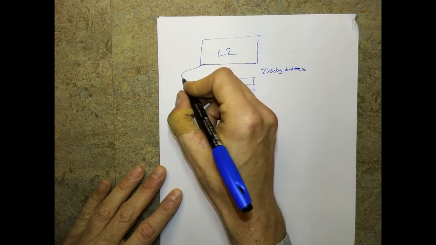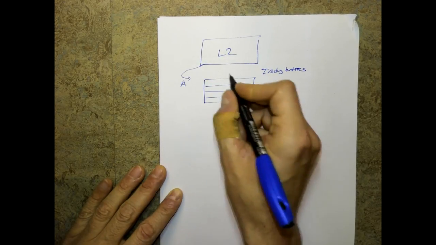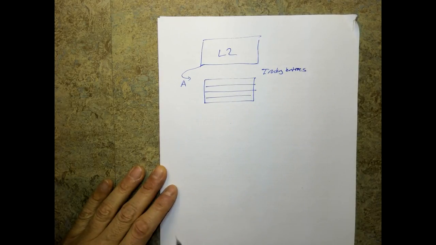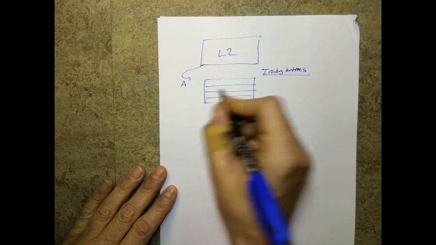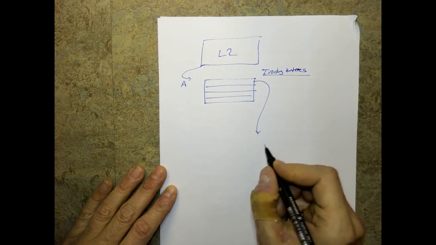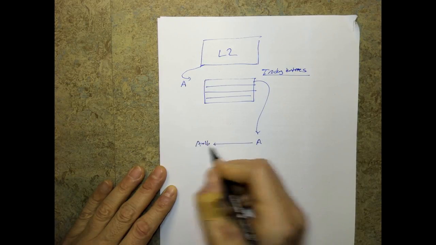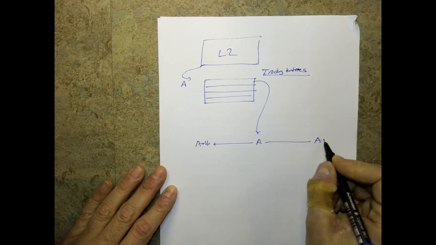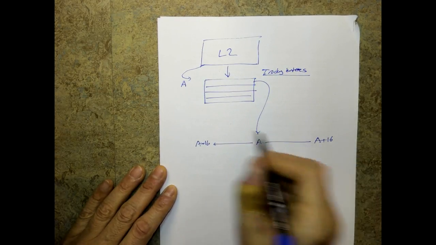So when you get an L2 cache miss to address A, you check whether you're already tracking this in the prefetcher tracking entries. If you're not tracking it, you create a tracking entry. This tracking entry is now going to look at address A minus 16 to A plus 16. It's going to monitor accesses to any of those.